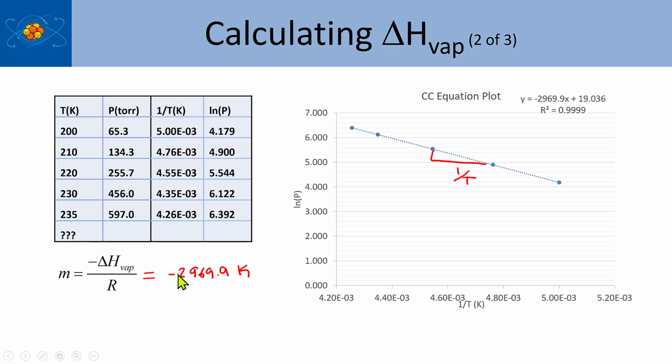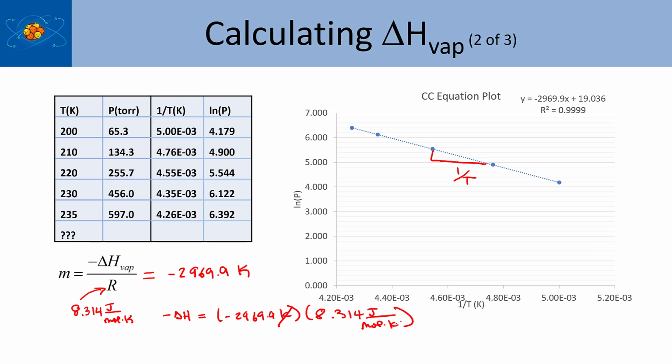So the value for R that we use is the one that has the units of joules in it. And so this is 8.314 joules per mole Kelvin. And I know to use this value because I know delta H's need to be in joules. And this is going to solve out like negative delta H is equal to negative 2969.9 Kelvin times R, which is 8.314 joules per mole Kelvin.